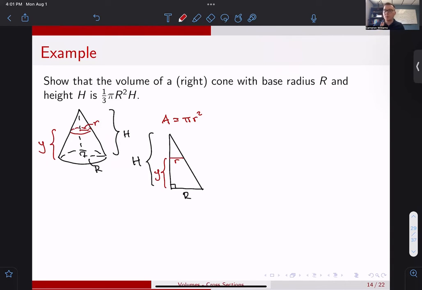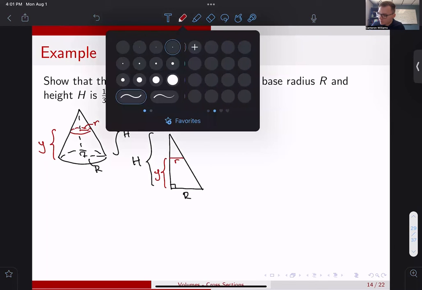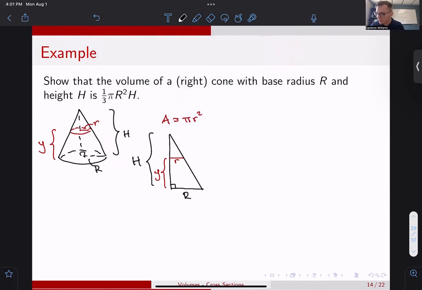There actually are two similar triangles here, and they're staring you in the face. That's a right angle because the cross sections are perpendicular to the height, and both share this angle, which means the other two angles are also the same, so they are indeed similar triangles.